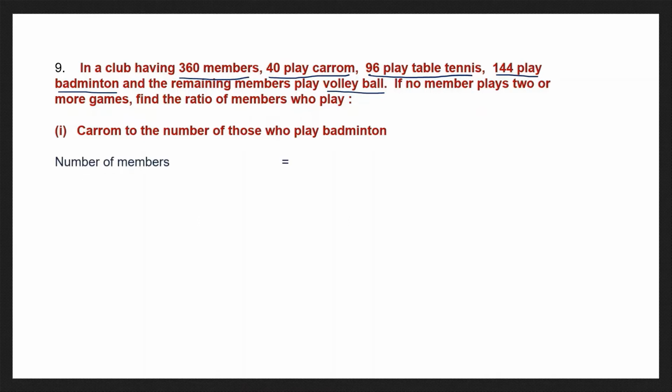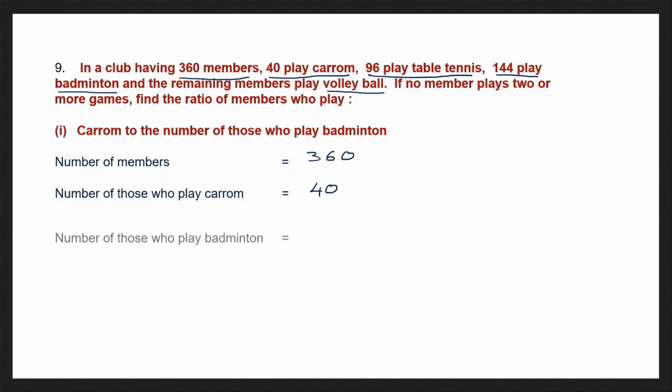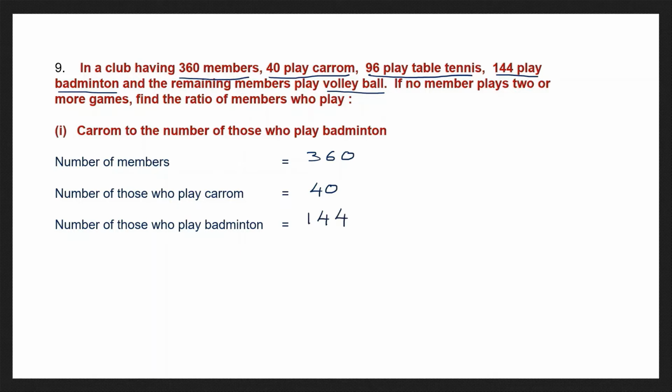So let's start. Total number of members is 360. Number of those who play carom, 40. Number of those who play badminton is, let's check and see, 144.